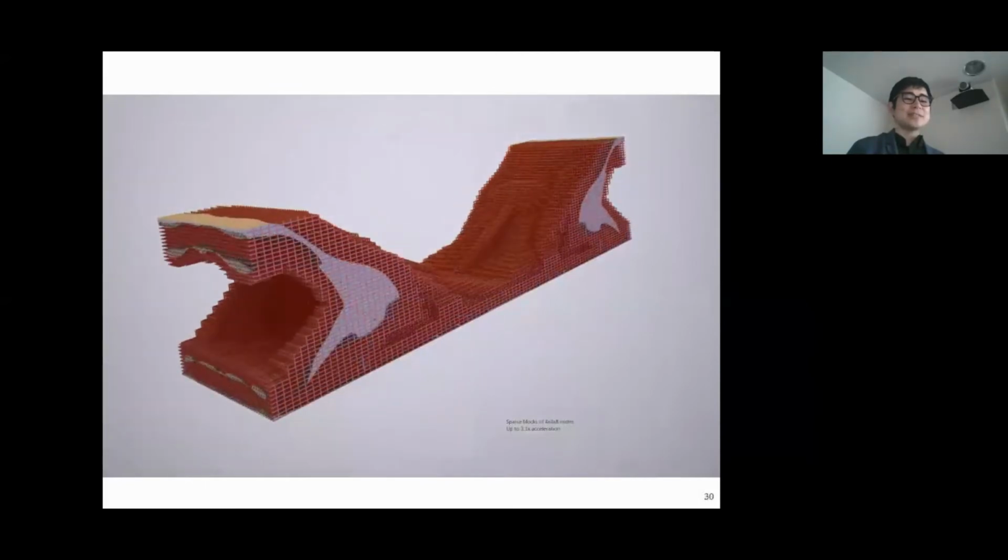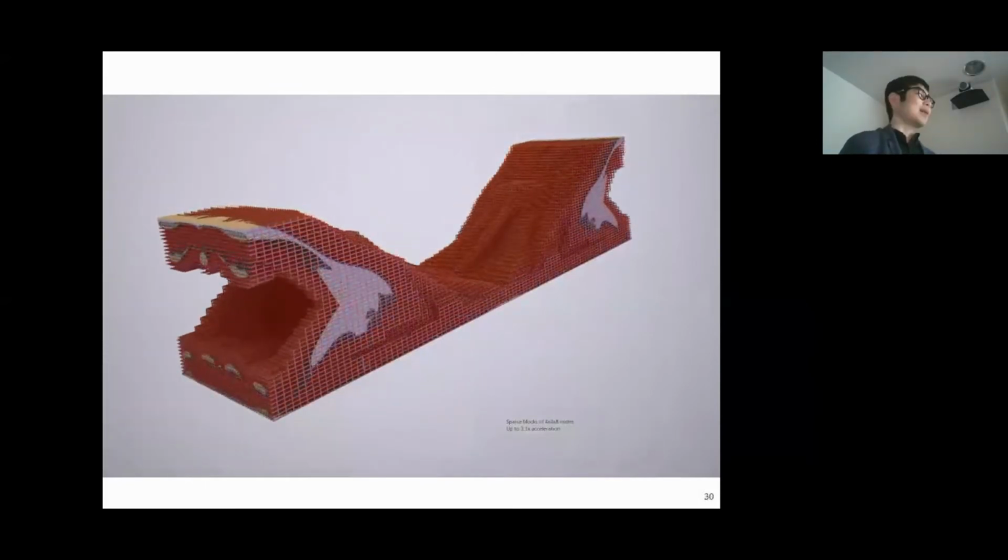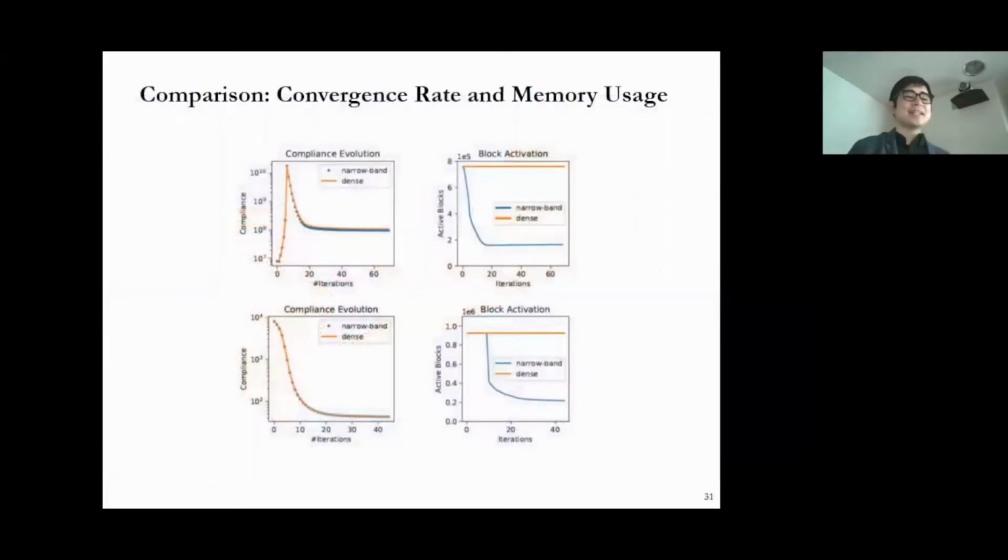And actually, this video is showing us how sparse this structure is and how we reduce the computation cost from the large bulk of void regions that is unimportant for our optimization. And here is some comparison, like the convergence rate, thanks to this iterative algorithm in topology optimization. The convergence rate actually is not affected at all by the resolution.